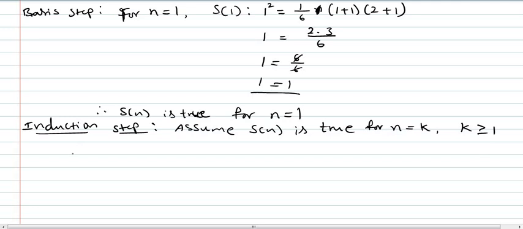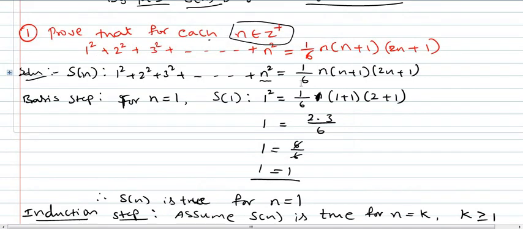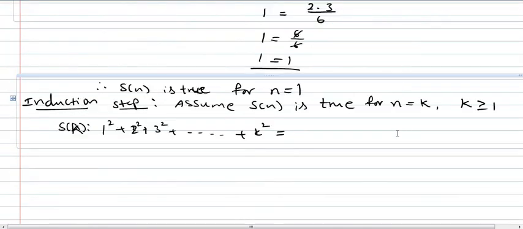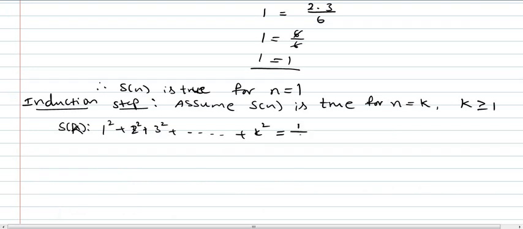Then, using this, S of k, where we replace n by k, is 1 square plus 2 square plus 3 square and so on up to k square, equal to, replacing n by k in the equation, 1 by 6 into k plus 1 into 2k plus 1.